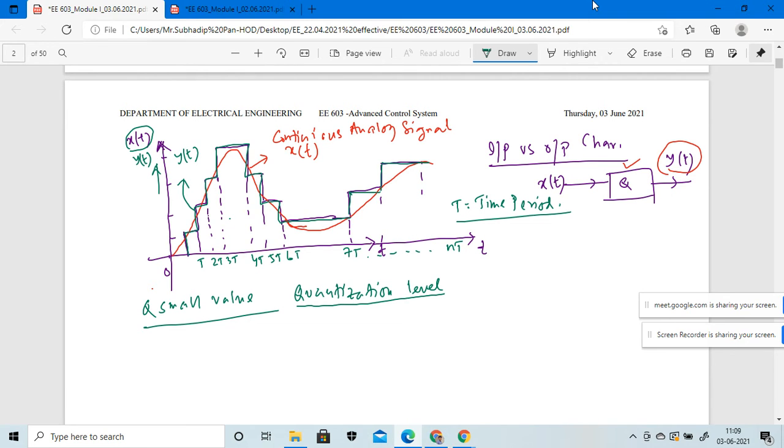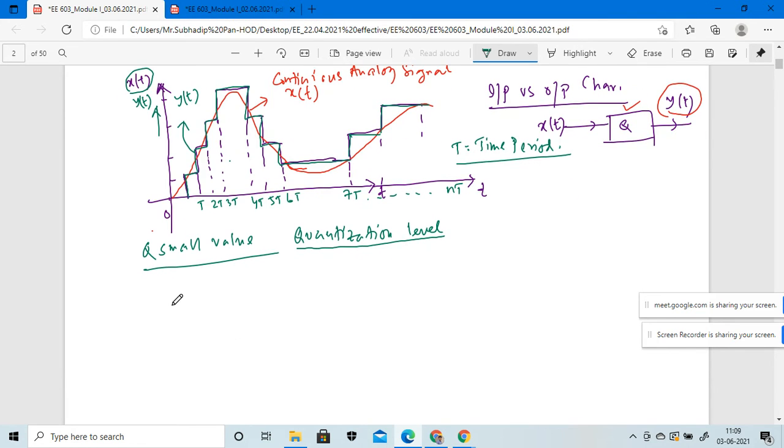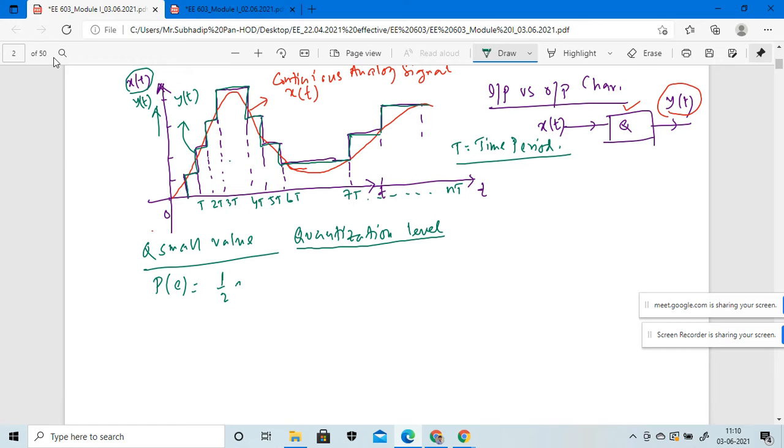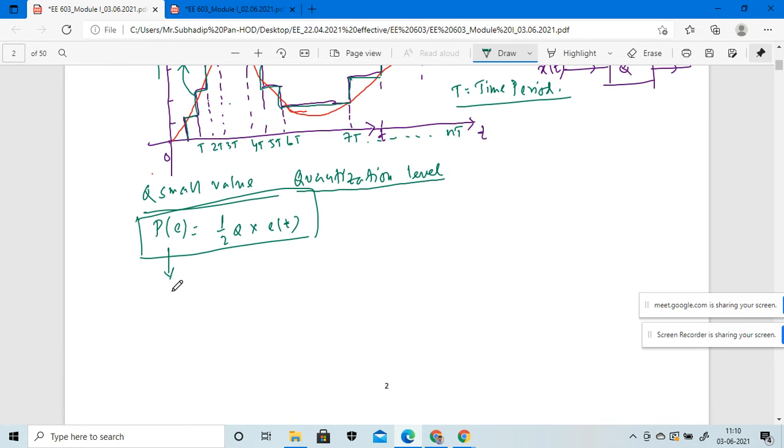We also take into consideration this probability distribution, defined as p(e), which is 1/q times e to the power t. So p(e) is nothing but the probability distribution of the quantization error in a system.